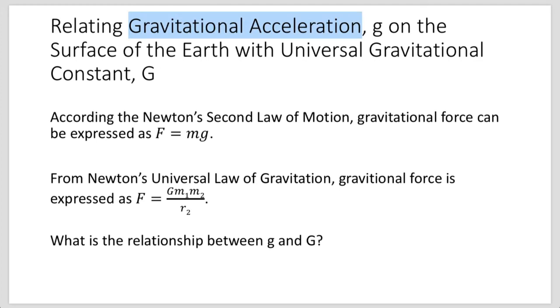We know it's roughly 9.81. It might be a little bit high or a little bit low, but basically we standardize it as 9.81 meters per second squared on the surface of the Earth. Gravitational acceleration, we symbolize it with small letter g.